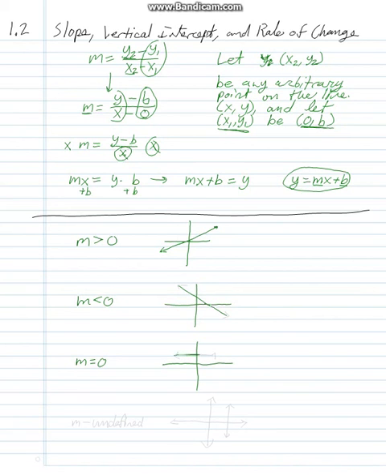So you would have a horizontal line somewhere on your xy plane. And finally, if your slope is undefined, that is, if your equation does not admit a slope, if there's no slope present, your line is going to be vertical somewhere on your xy plane.